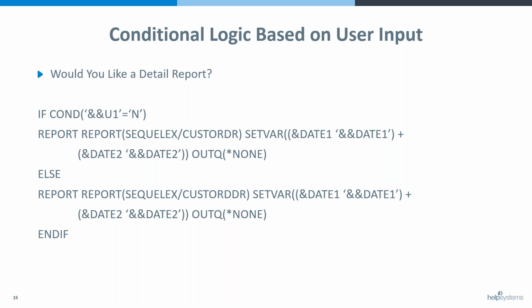When we enclose a variable in quotes in the script, we use 2 ampersands because the 2 ampersands in a quoted string ensure substitution. And so basically when this runs, it's either saying N equals N, or it's going to say Y equals N, and we're going to know whether it's true or not, and whether we jump to the else clause or not. All right, so that is conditional logic.